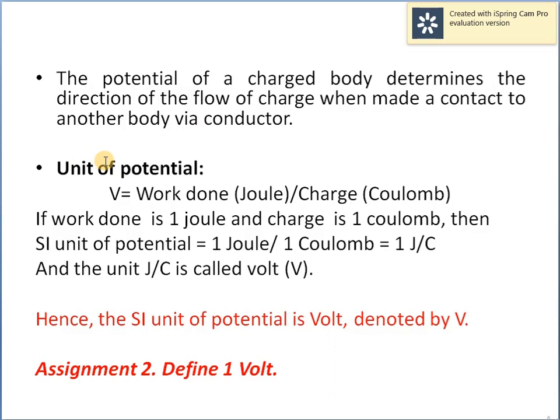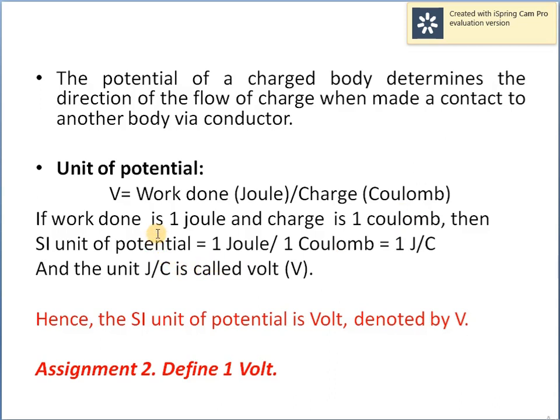Moving to the topic of units of potential. Potential, as discussed earlier, is denoted by capital letter V, and is equal to the work done by charge. The SI unit of work done is joule, and charge is coulomb.